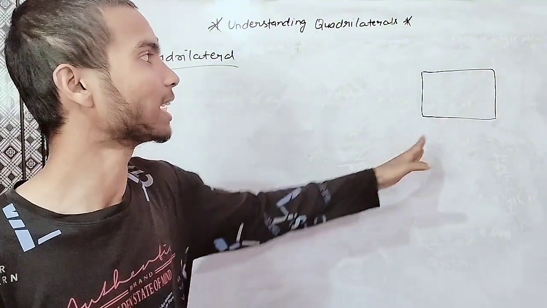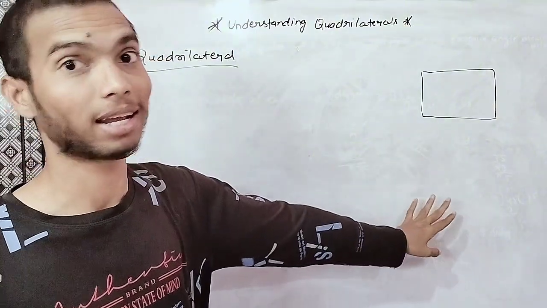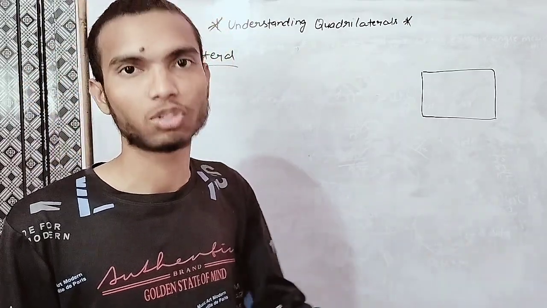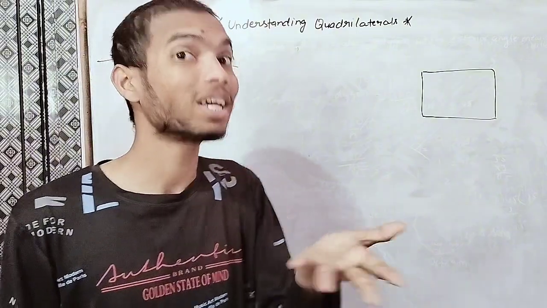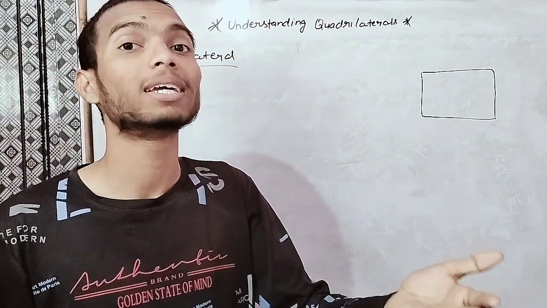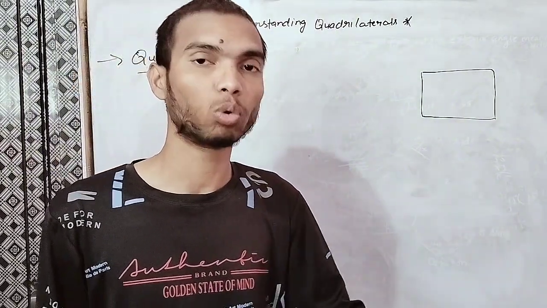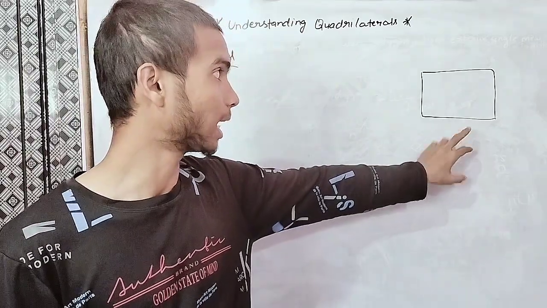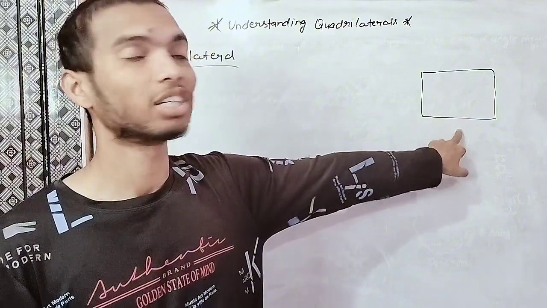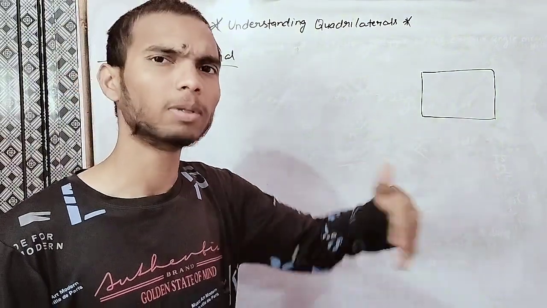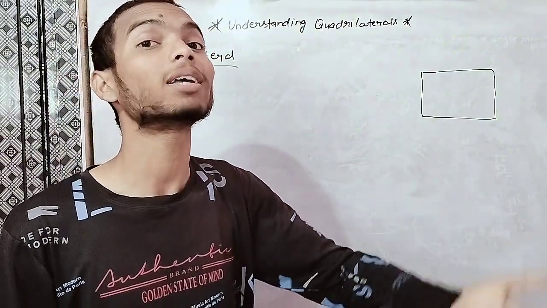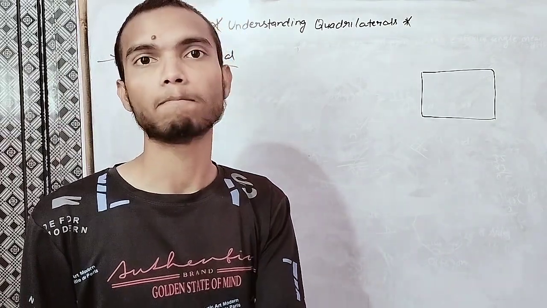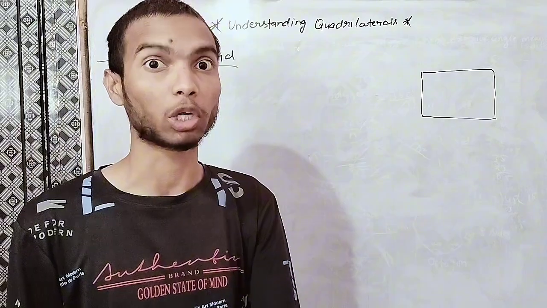Clear? It has four sides. And here you will realize that in this shape every angle is 90 degrees. But in some quadrilateral shapes, angles will not be 90 degrees; they will be acute or obtuse.